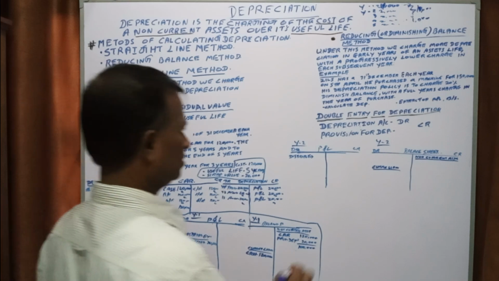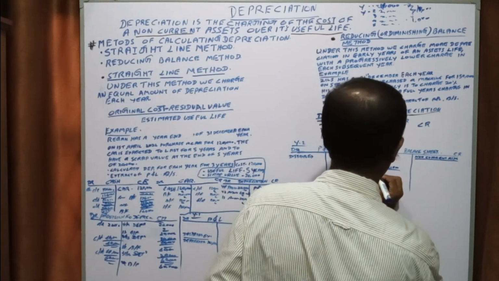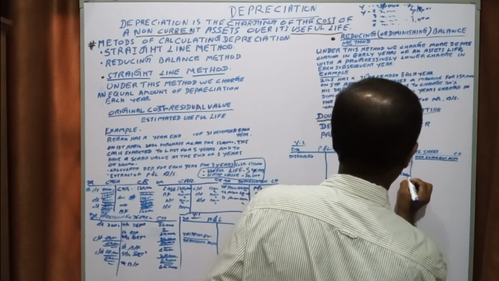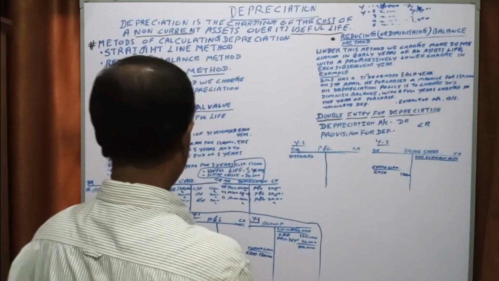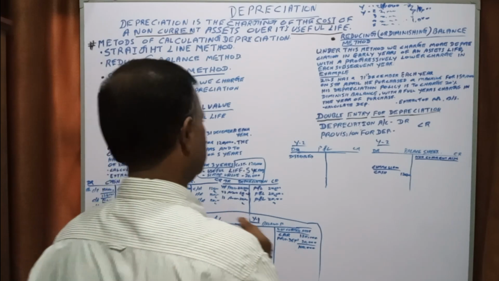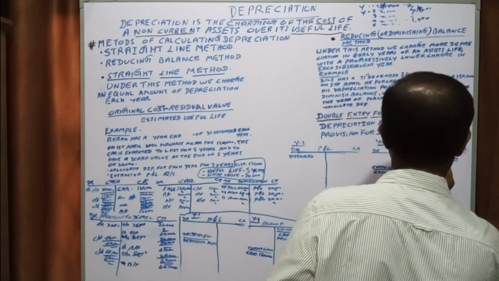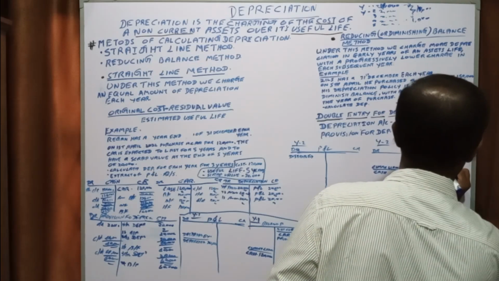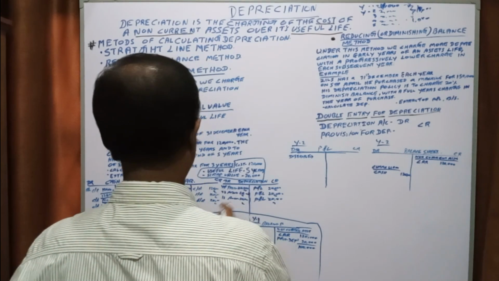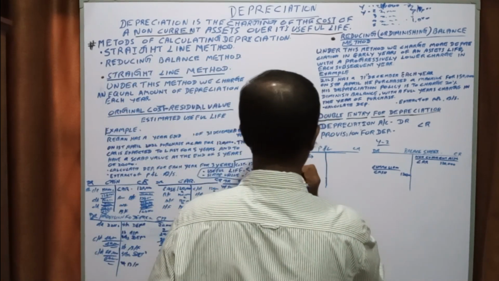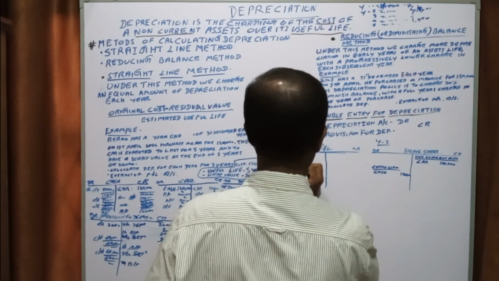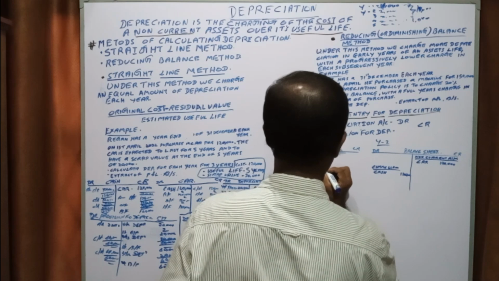Year 2 also, cash brought forward, cash is a liability of 120,000, right? The non-current asset car is 120,000. Depreciation is 20,000.